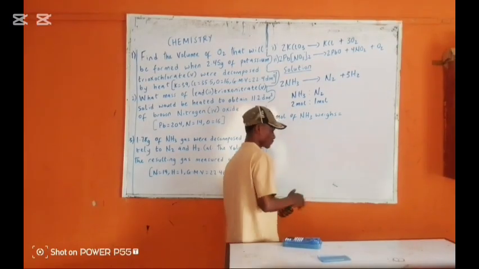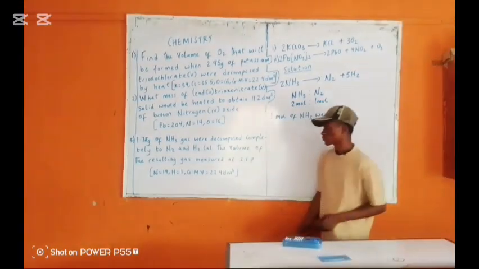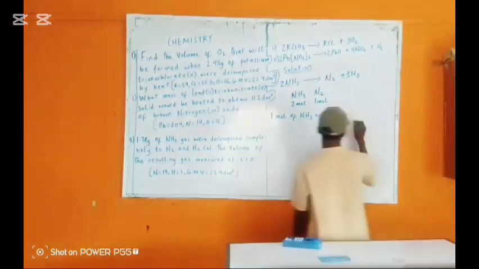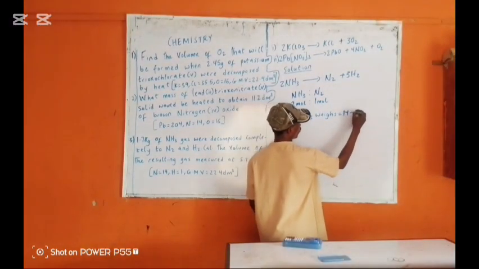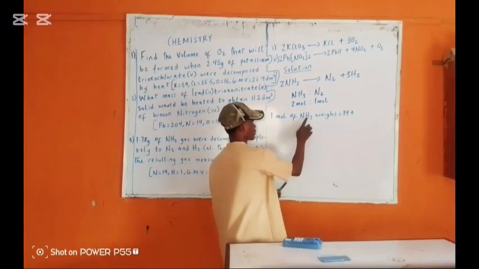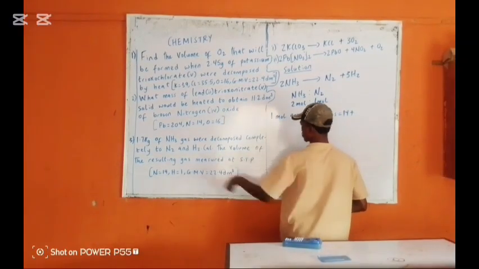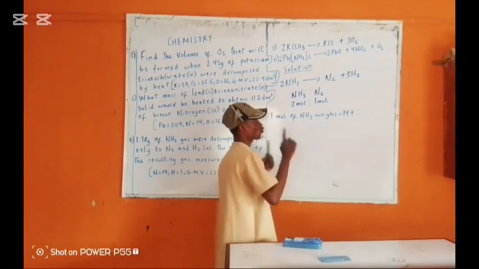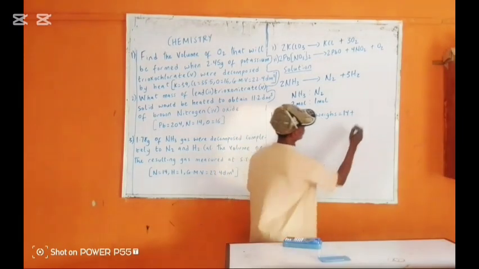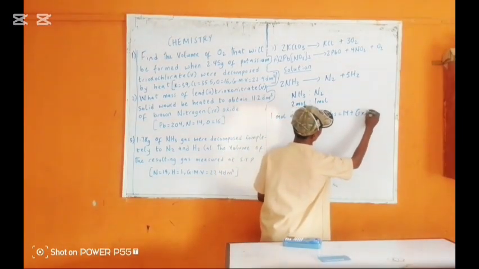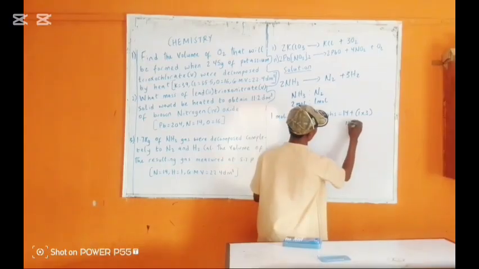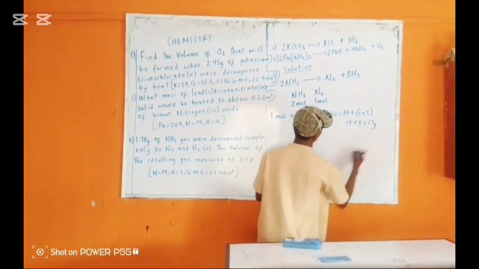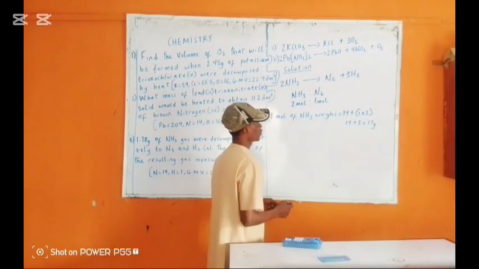Nitrogen is 14, plus hydrogen is 1, and we have 3 hydrogen, so 1 times 3. 14 plus 3 is 17 gram.